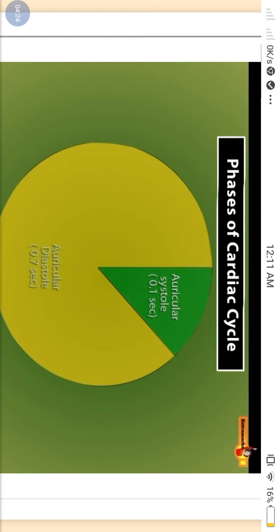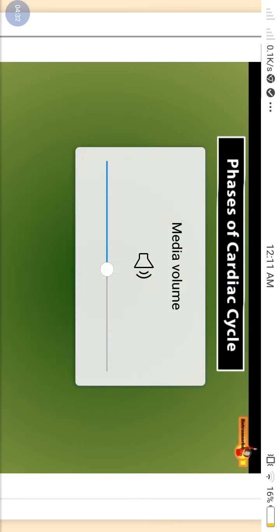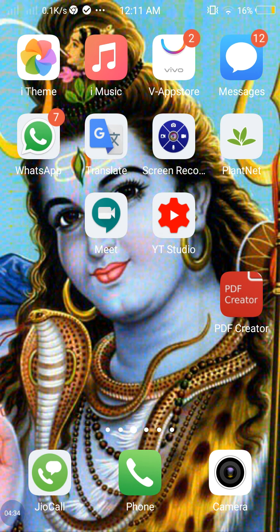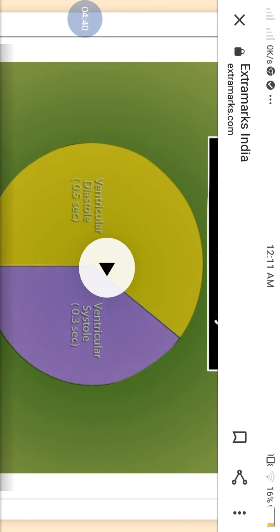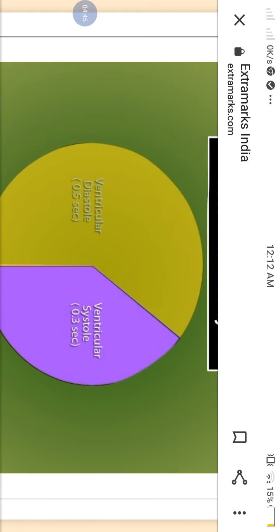If we take a look at the various phases of cardiac cycle, it is seen that atria spend 0.1 seconds in contraction phase or in systole and 0.7 seconds in diastole, whereas ventricles spend 0.3 seconds in systole and a total of 0.5 seconds in diastole.